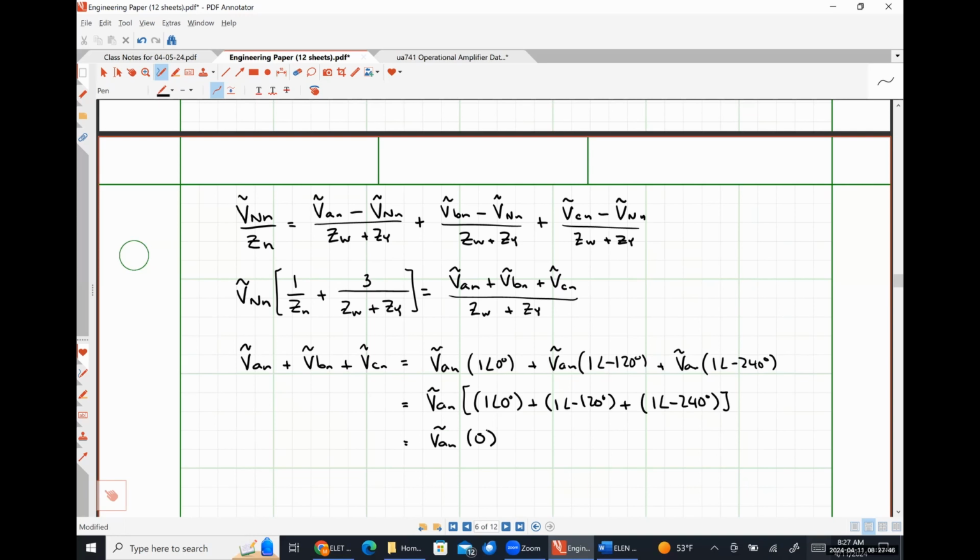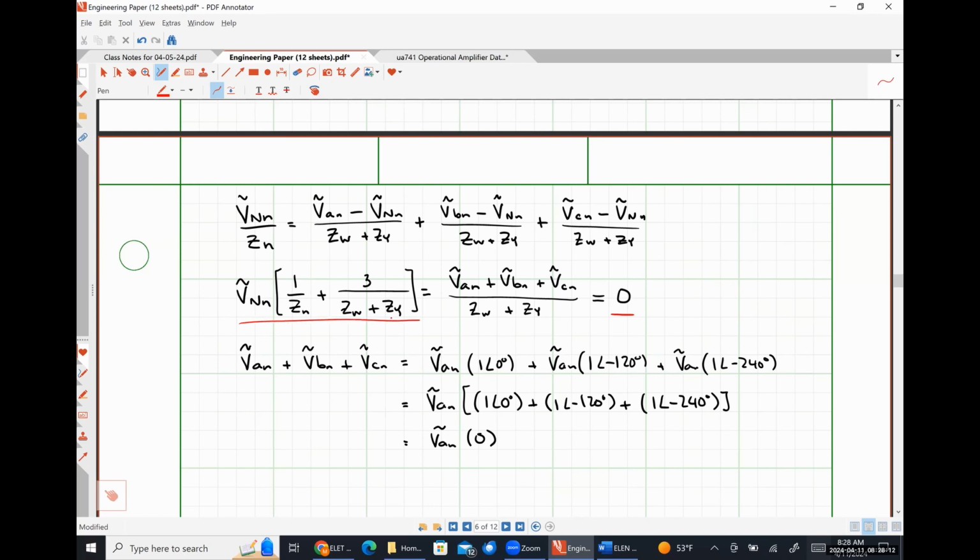So coming back up here then, that means the right-hand side of this equation is just equal to 0 because we have 0 divided by some combination of impedances, right? So if the right-hand side of this equation is 0, what does that imply about what's going on the left-hand side?